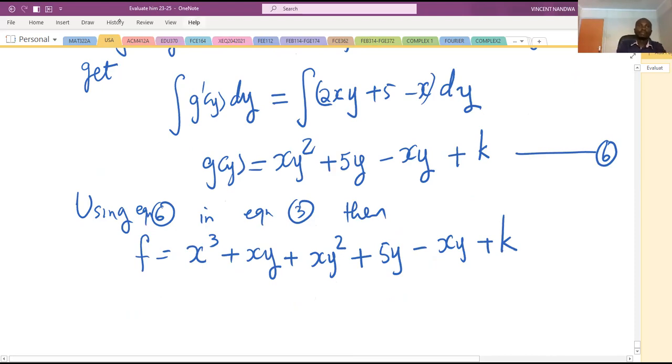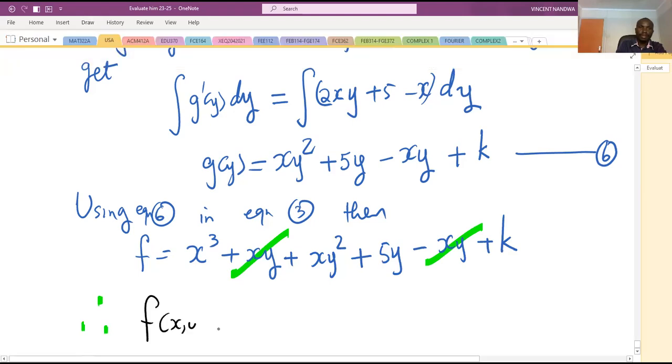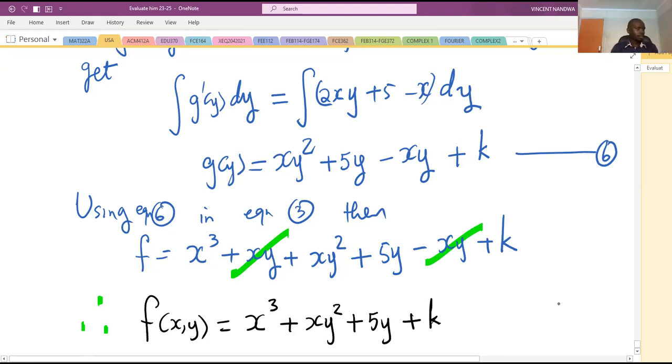And you see this and this will cancel out. This is positive, this is negative. So therefore, our potential for this vector field will be given by f of xy equals x cubed plus xy squared plus 5y and then plus k. So this is the potential function for the given vector field.